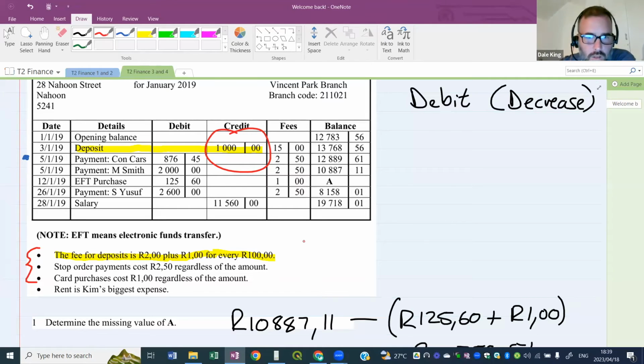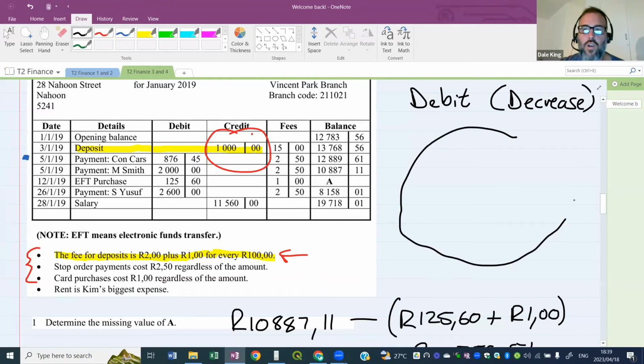Use this fee structure plus the 1,000 Rand, calculate what the fee should be, and see what's on the bank statement if it's correct. It actually should take 2 minutes. It's quick. I did an example over here on the screen earlier because I knew this question was coming, so I actually gave you a hint on how to do that calculation.